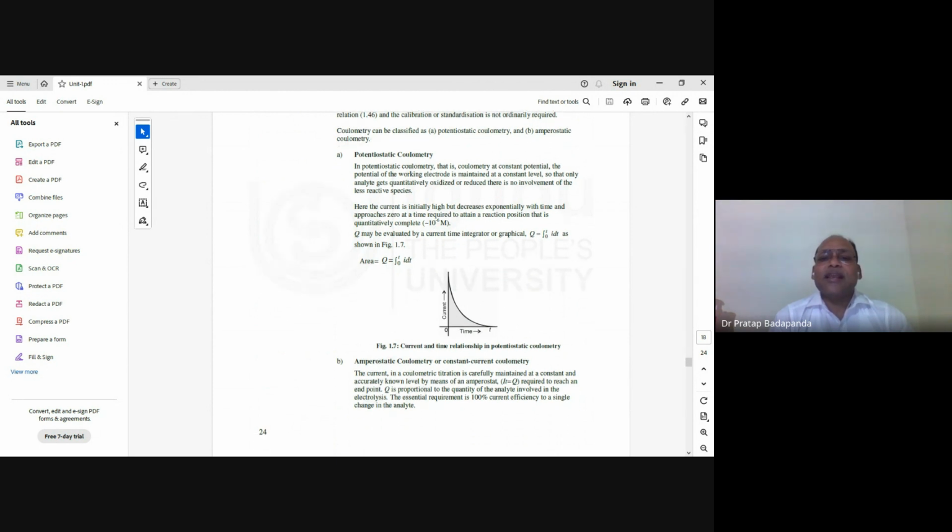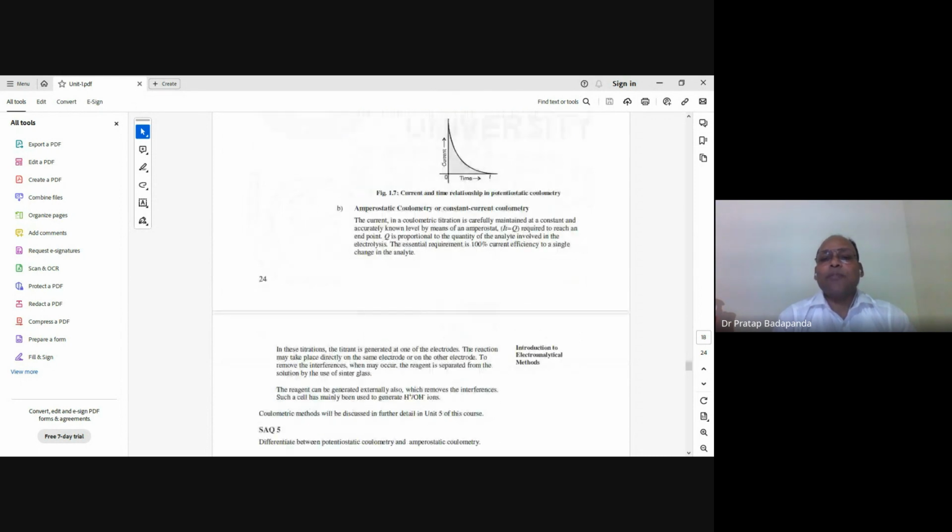The potential of the working electrode is maintained. The amount of deposit depends on the current and the time. How much current you passed, for how much time. On the basis of that, the amount will be deposited. That is potentiostatic coulometry. Then amperostatic coulometry, or constant current coulometry.